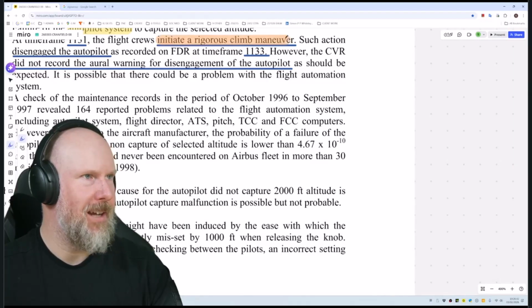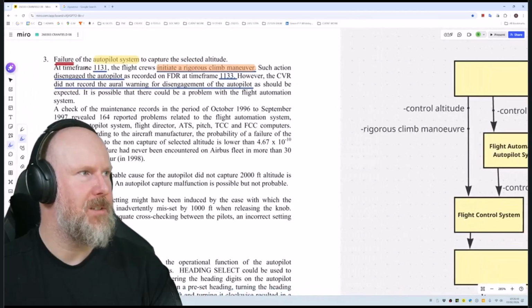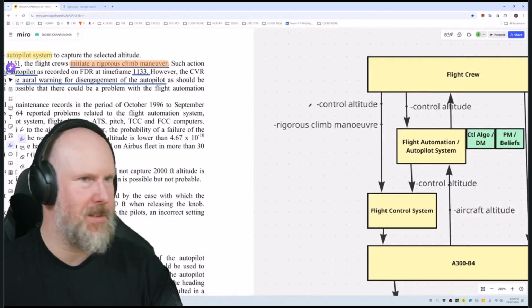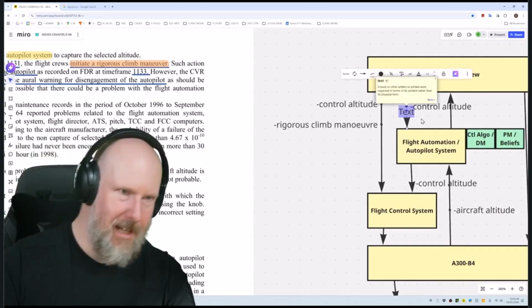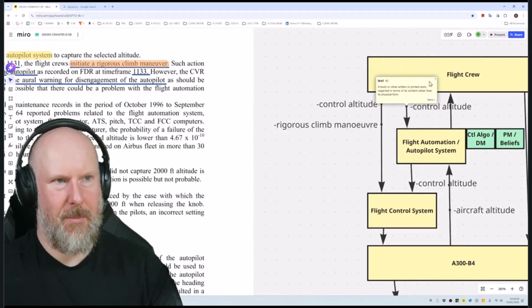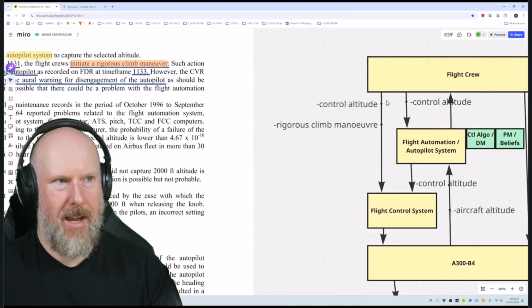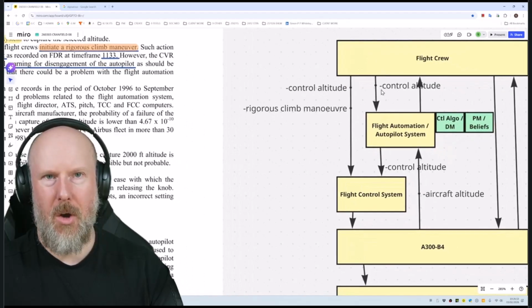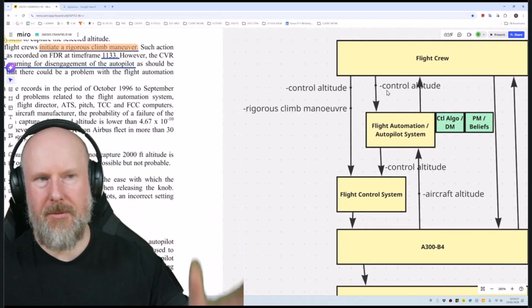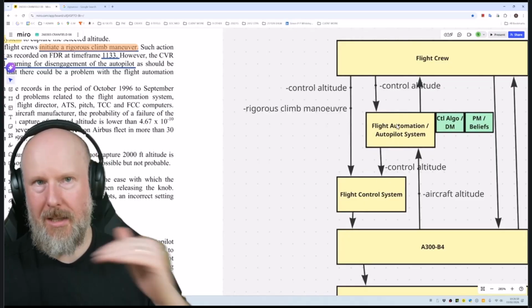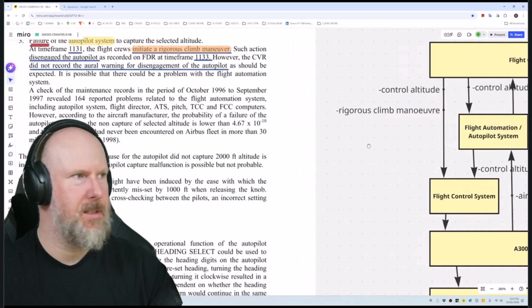So they provide that. Such action disengages the autopilot. So there's an implied disengagement of the autopilot. I don't know if that's directly from the flight crew or whether it's a function of the flight control system that will tell the autopilot you need to disengage.